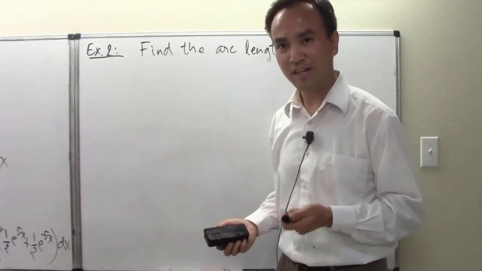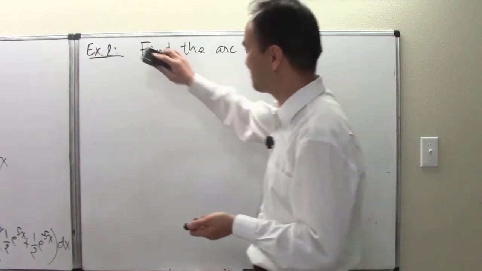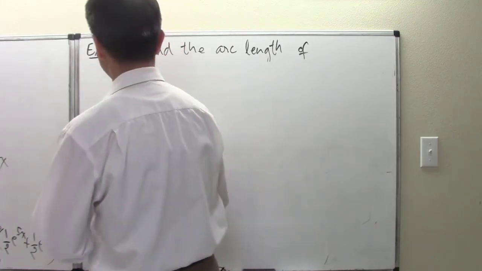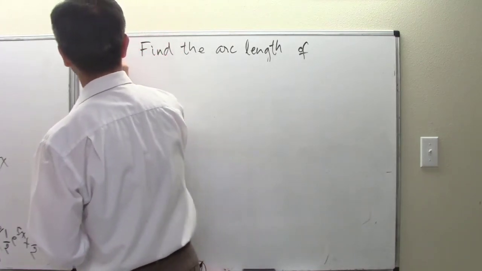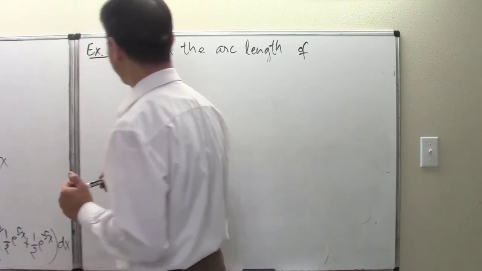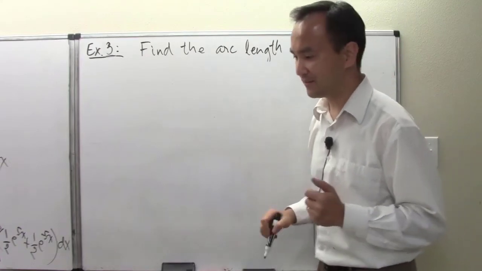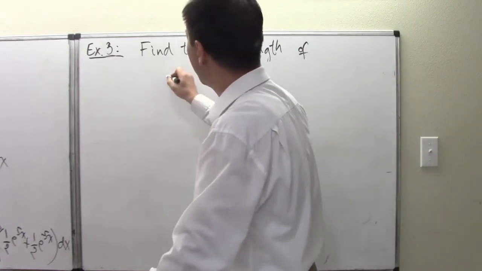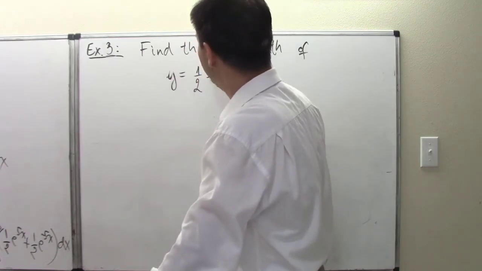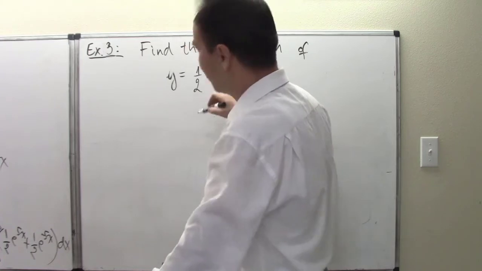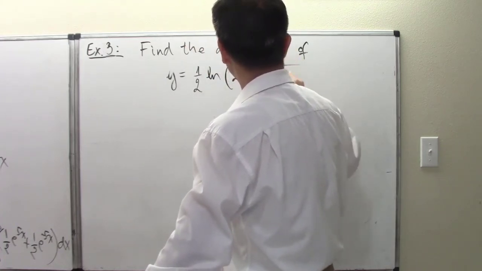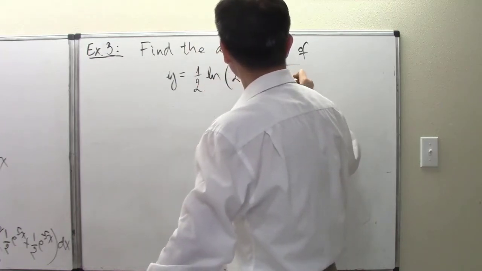All right, and so now let's look at example 3 right here. So it's the same setting, pretty much a similar wording description. In example 3, I want to find the arc length of the curve we are given here, y equals 1/2 natural log of 2x minus the square root of 4x squared minus 1.